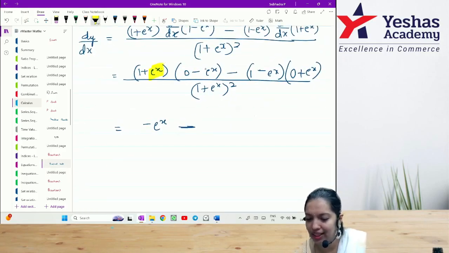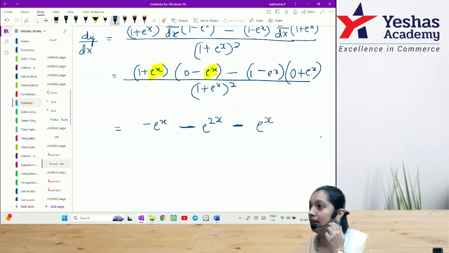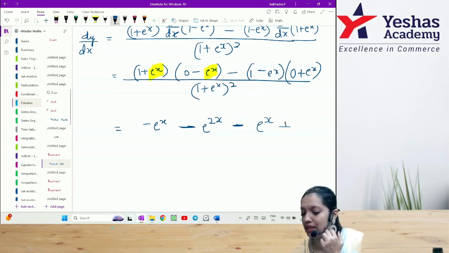Now look. What is e power x into e power x? E to the power of 2x. Did everyone understand? Next step, minus 1 into e power x is e power x. Class, stop talking. Minus into minus plus e power x into e power x.